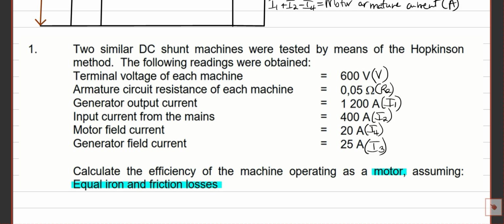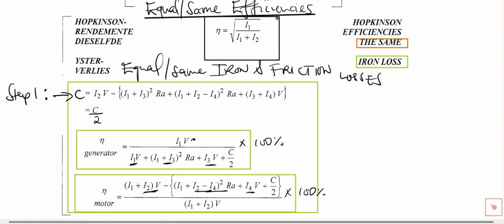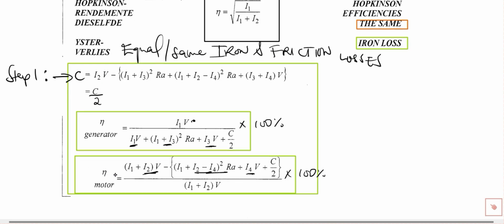So assuming equal iron and friction losses, our equation, we will be using this second one, the one for efficiency as a motor. But before we go through this, we first have to find the formula for C. We have to use the formula for C. Let me just borrow these formulas quickly.